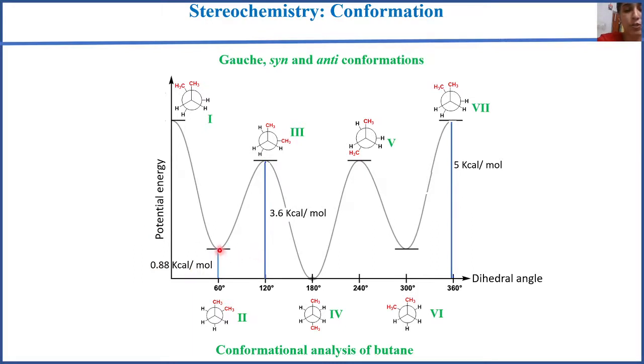The energy difference between 3 and 4, that is, the partially eclipsed and anti conformation, is 3.6 kilocalories per mole, and the energy difference between the fully eclipsed and anti conformation of n-butane is 5 kilocalories per mole.